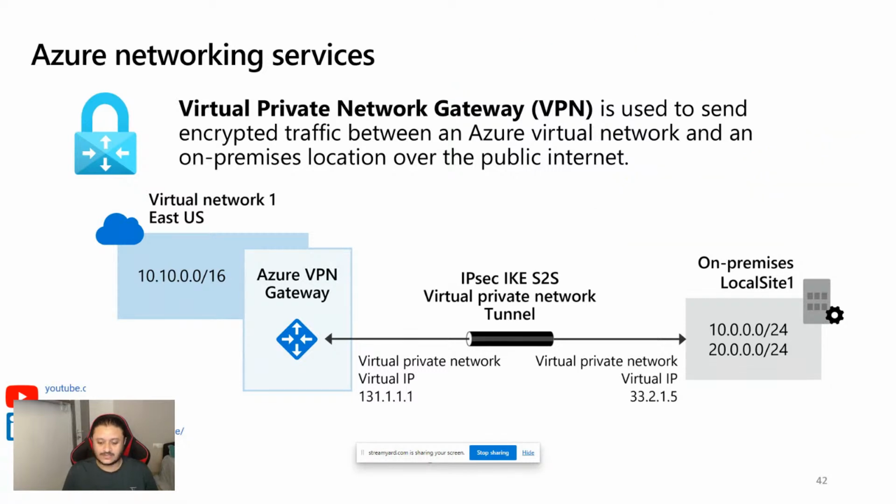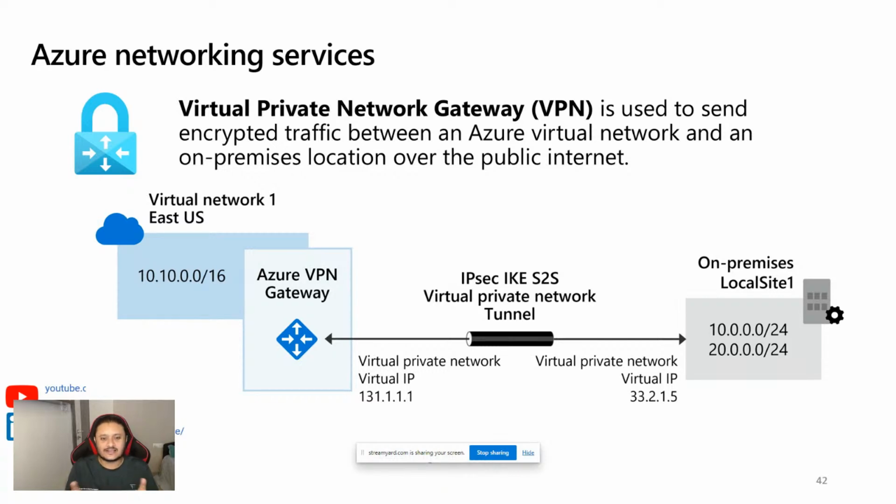But what about the case where we require extra layers, where I have my on-premises environment somewhere and I have a cloud presence also? In that case, if I want to create connectivity between these two environments, then VPN gateways come into the picture. Okay, so what exactly can the VPN gateway do for us?